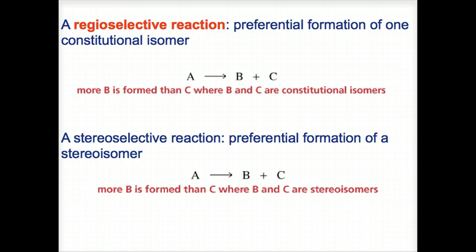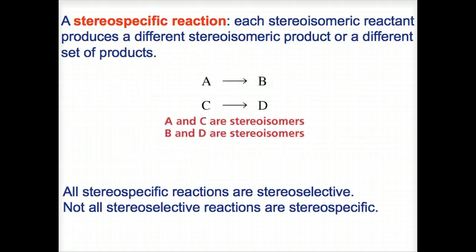Okay, let's go to the next slide. There we go. Okay, stereospecific reaction. Each stereoisomeric reactant produces a different stereoisomeric product or a different set of products.